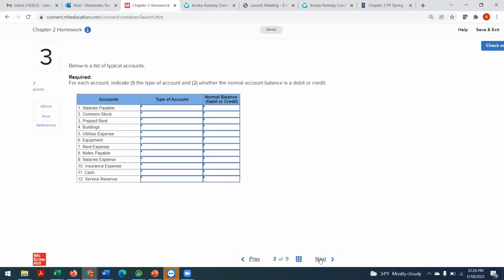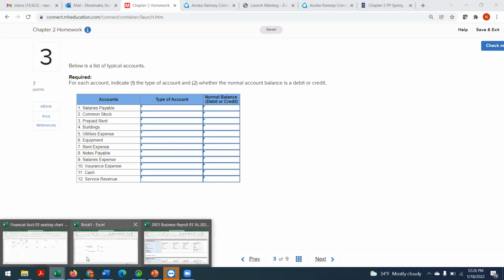Here, guys, you should know if it says payable, it's a liability, unless it's prepaid or deferred revenue. So they want you to know the type of account, and if the normal balance is a debit or credit.